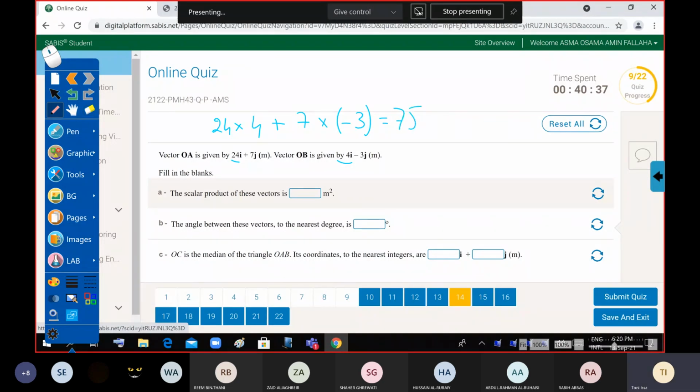The angle between these two vectors. How can we find the angle between these two vectors?